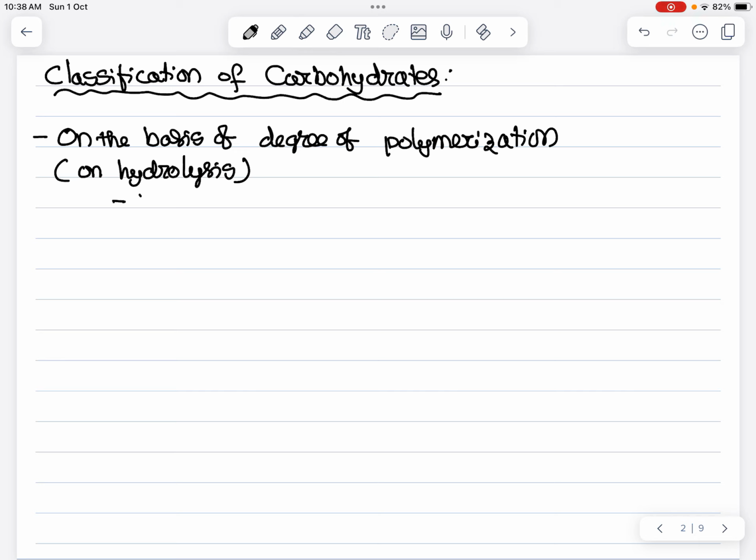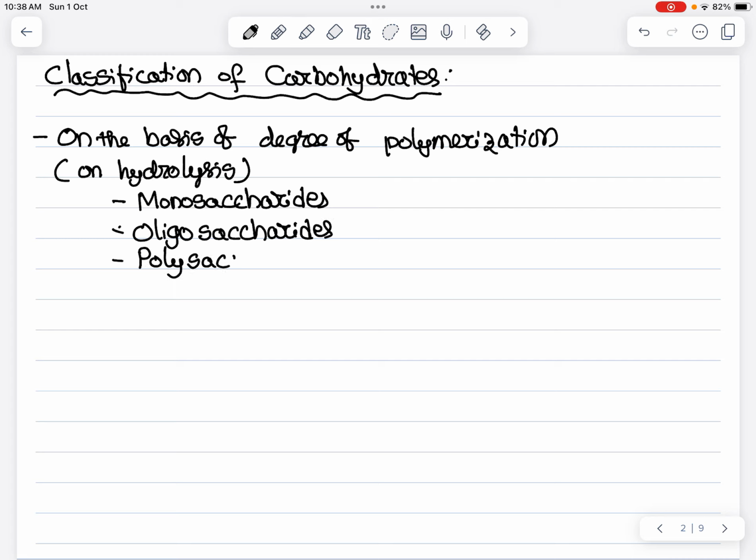Those are monosaccharides, oligosaccharides, and polysaccharides. So on the basis of hydrolysis or degree of polymerization, we can classify the carbohydrates into three major groups: monosaccharides, oligosaccharides, and polysaccharides.